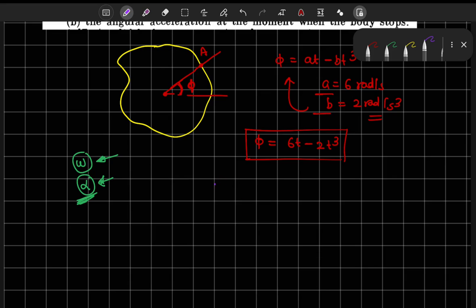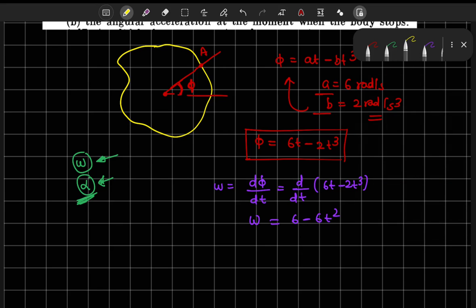So angular velocity we can write as the derivative of the angular displacement with respect to time, that is d by dt of 6t minus 2t cube. From here we will get 6 minus 6t square. So this is the equation of angular velocity we got.